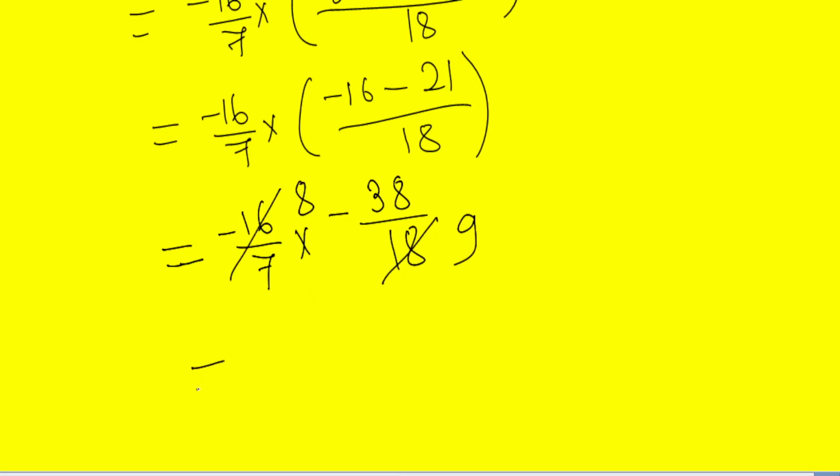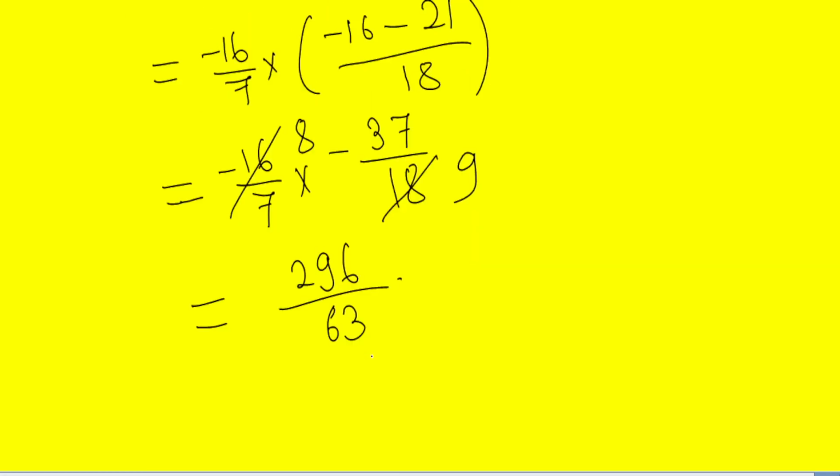Okay, now see here. Actually this is wrong, this is not 38, 37 होगा, इन दोनों को ऐड करोगे तो 37 होगा. Now what we will do, we will multiply 8 and 37, and this negative becomes positive. So 296 upon 7 multiply 9 is 63. So 296 upon 63 is the value of left hand side.